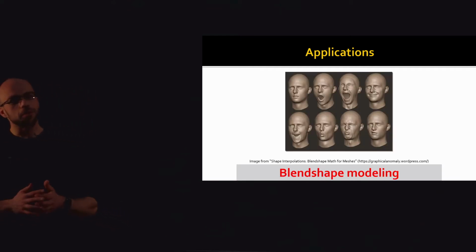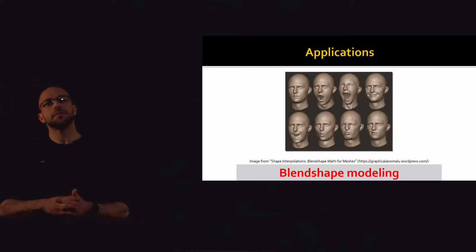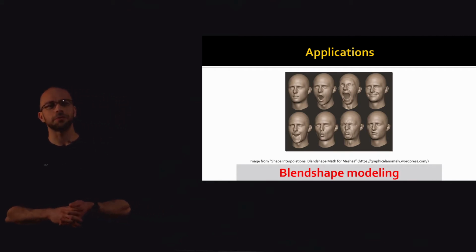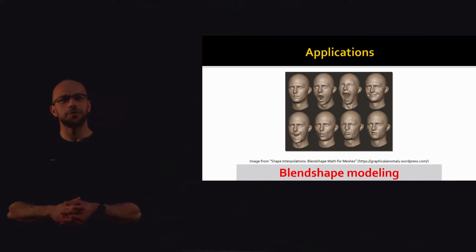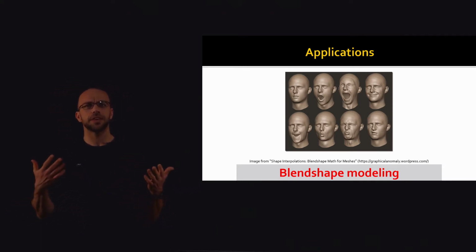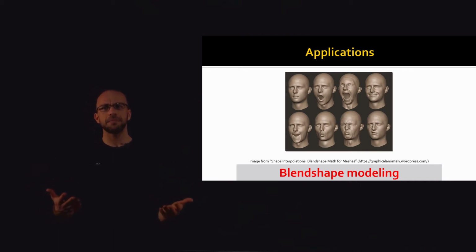Now, in the computer graphics world, one really key application of correspondence is in blend shape modeling. For those of you who are not familiar with blend shape modeling, it's a very simple model for deformation. It typically gets applied to faces, like what you see on the screen here. In a blend shape, you take a bunch of different 3D models of the same character, and you put them into vertex for vertex correspondence.